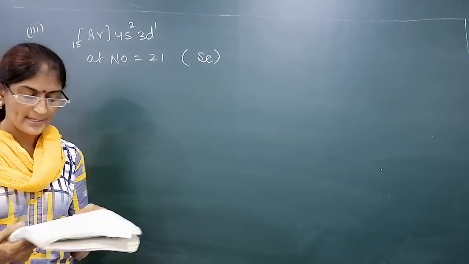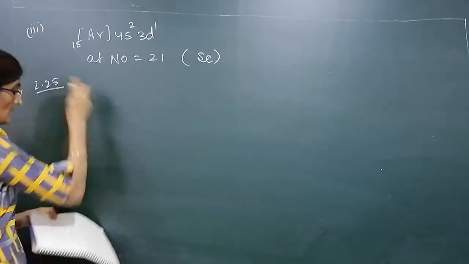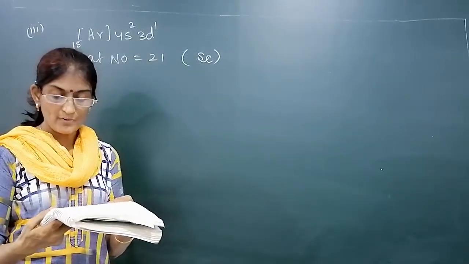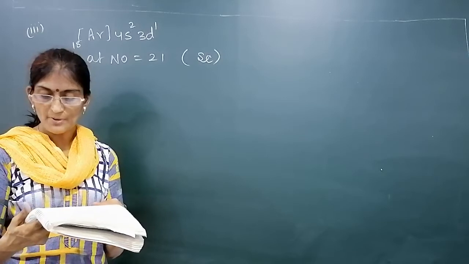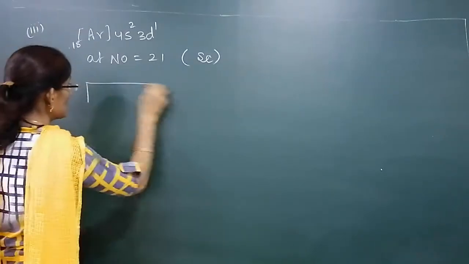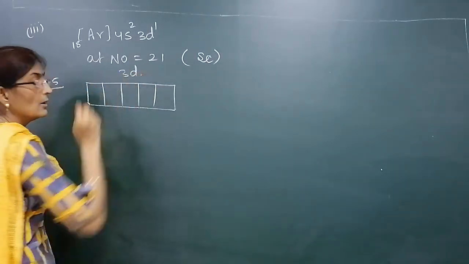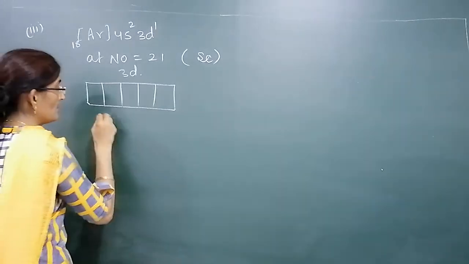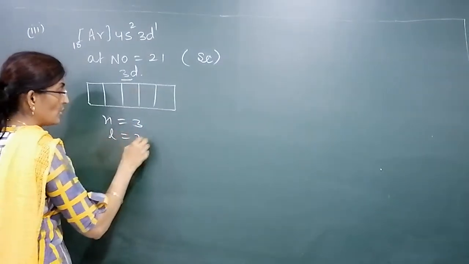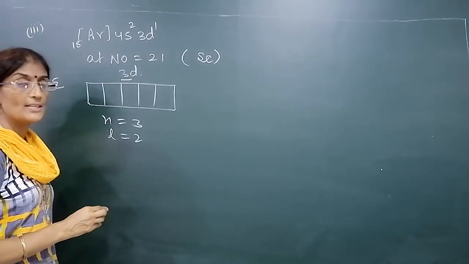Now next question is 2.25. An electron is in one of the 3d orbitals. What are the possible values of n, l and m? What is the possible value of the principal quantum number? 3. l will be 2 because for all d subshells, the angular momentum quantum number value is 2.